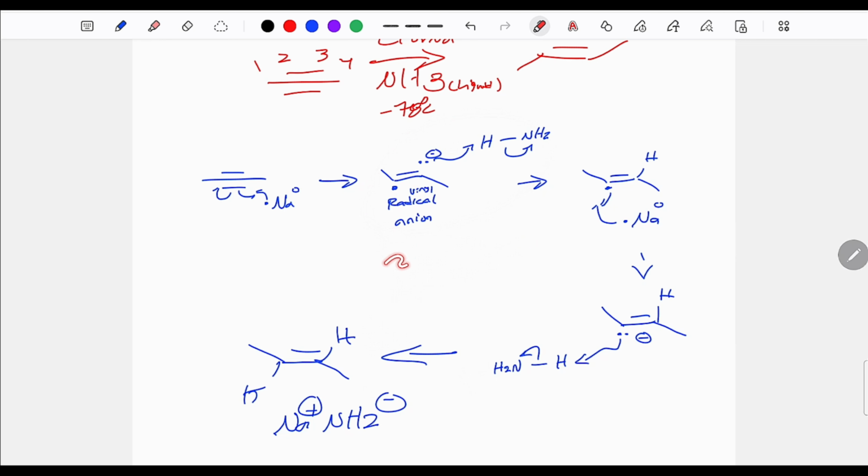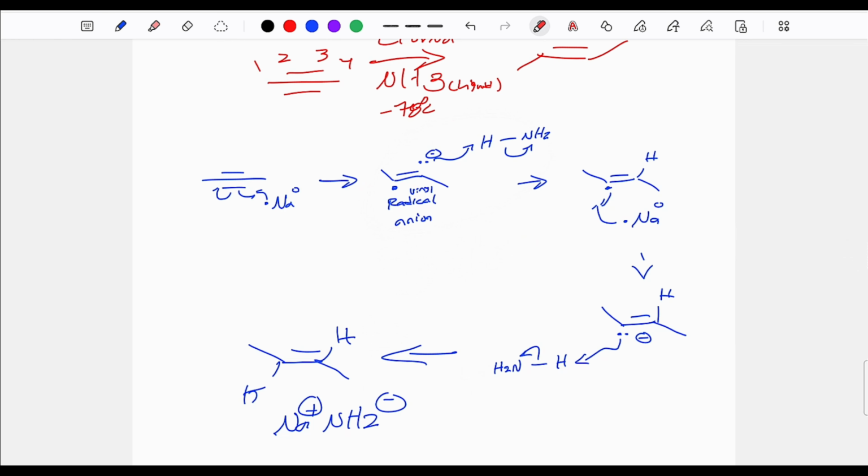The vinylic radical undergoes rapid cis-trans equilibration, but the vinylic anions equilibrate much less rapidly. Thus, the more stable trans vinylic anion is formed rather than the less stable cis, and is protonated without equilibration. Okay?